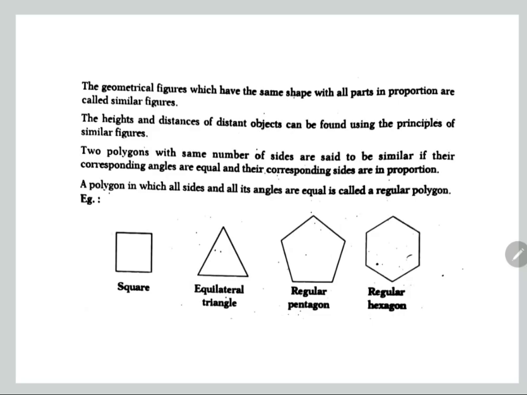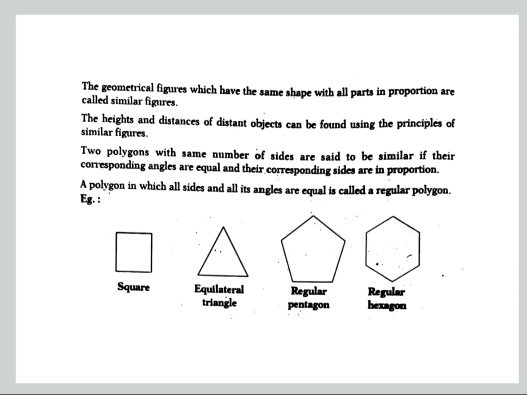Geometrical figures which have the same shape with all parts in proportion are called similar figures. And the heights and distances of distant objects can be found using the principles of similar figures. Two polygons with the same number of sides are said to be similar if their corresponding angles are equal and their corresponding sides are in proportion.